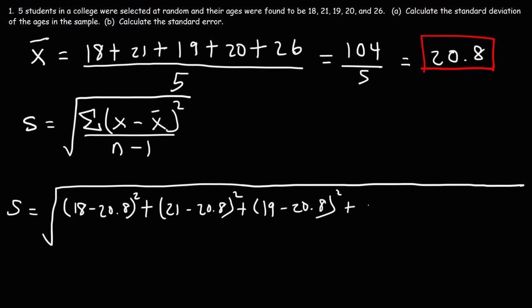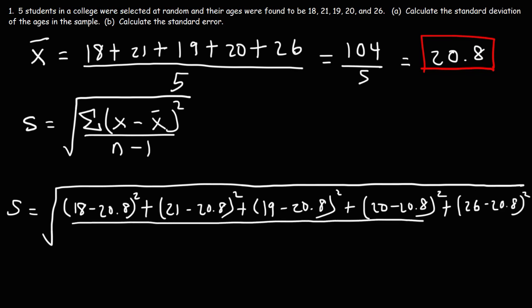I chose a sample size of 5 because anything more is just going to take too long. Now there's 5 ages in this sample, so n is 5.